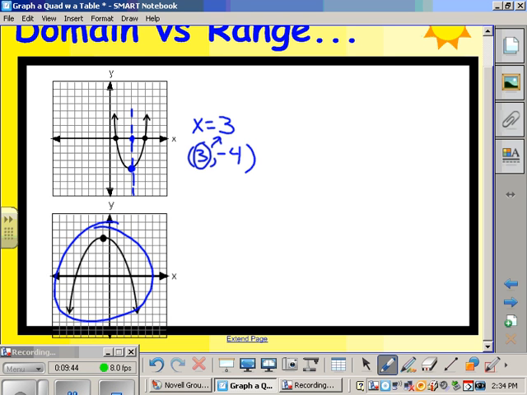On the parabola below that, if you draw your axis of symmetry, notice it's cutting through where x is negative 1. And if you were to write the vertex, it would be negative 1, 5, and these match.